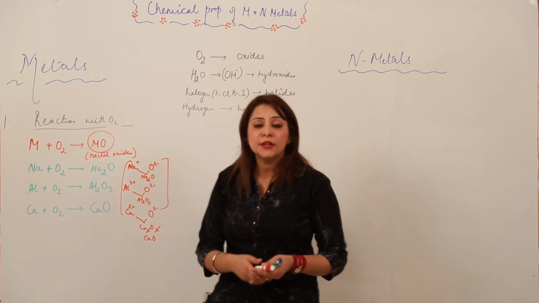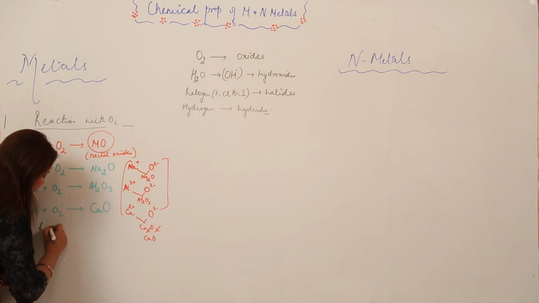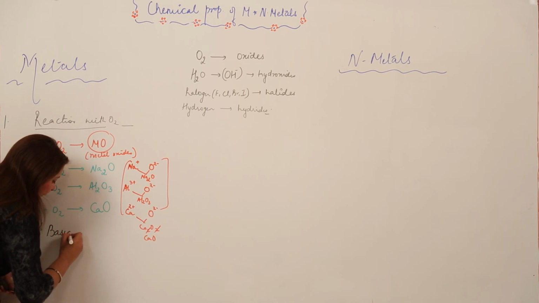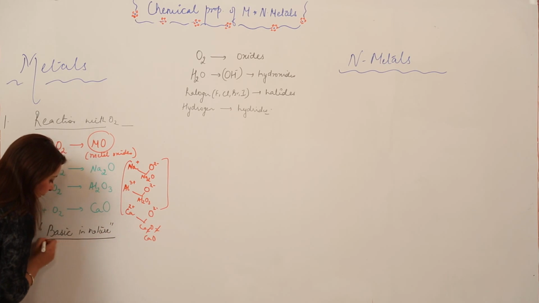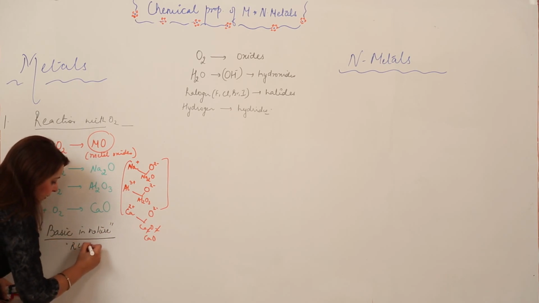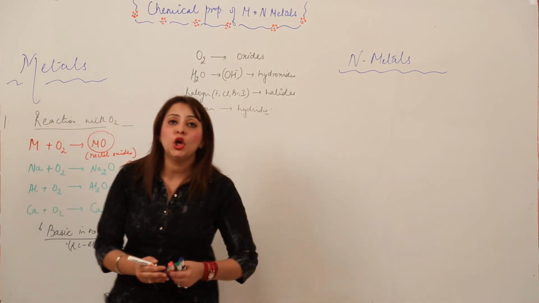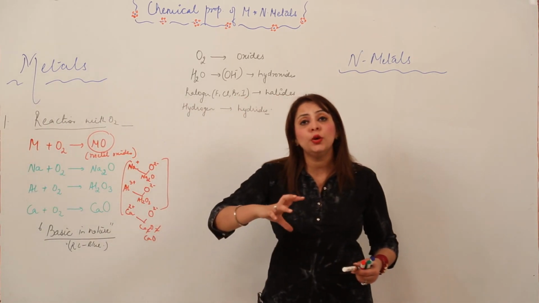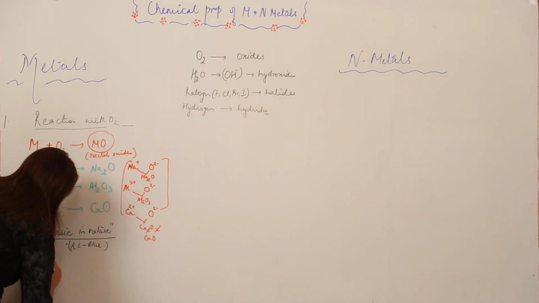Most of the metal oxides are basic in nature. That means they turn red litmus blue. But we also come across certain metal oxides which show an exceptional behavior, that is, they are amphoteric in nature.